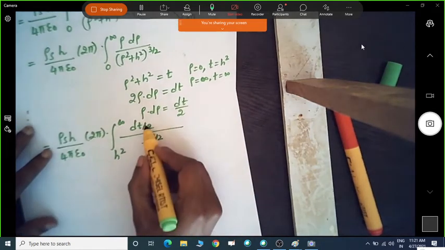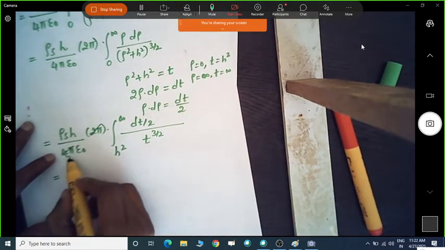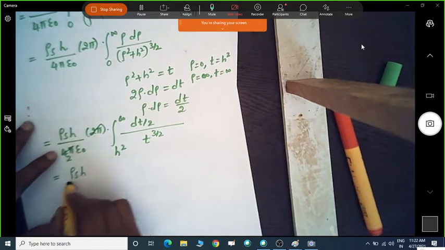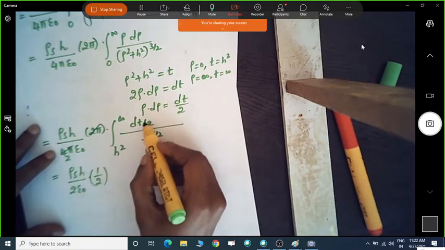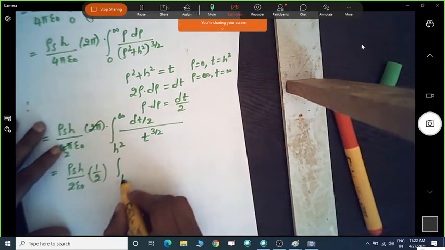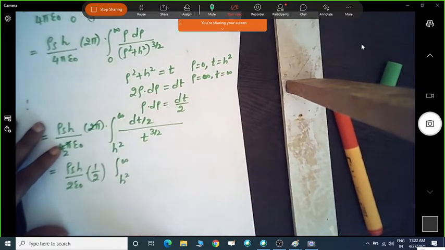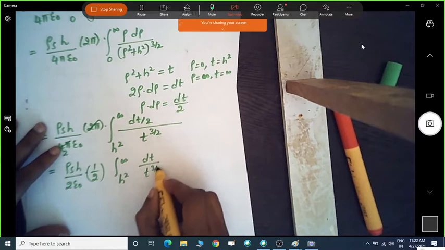Okay, so now this 1 by 2 we can take outside and cancel the 2, so rho_s h by 2 epsilon naught into dt by 2. Now we are left with h square to infinity, dt by t power 3 by 2.